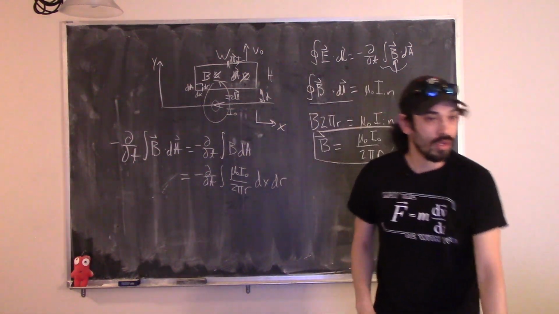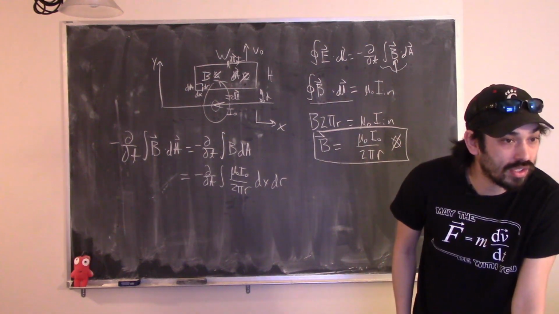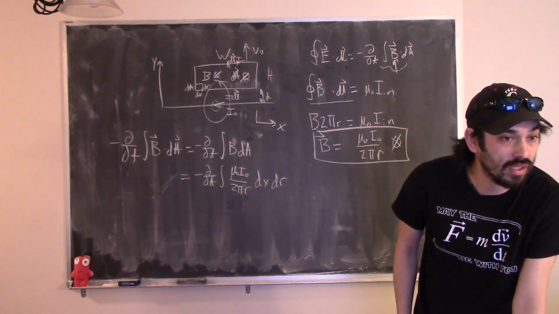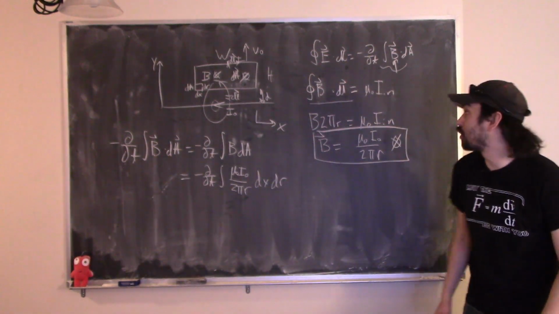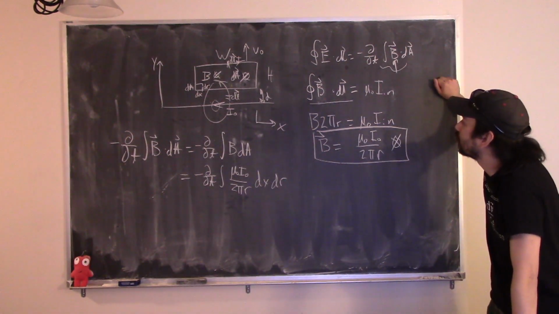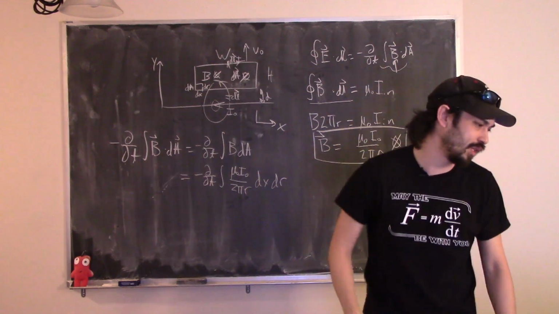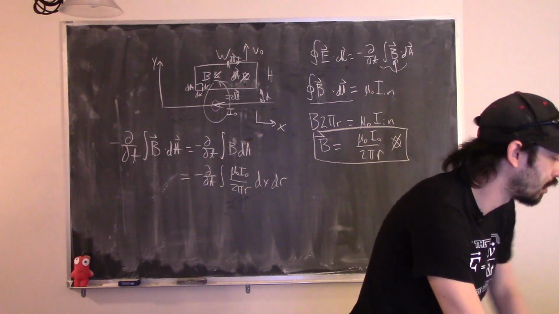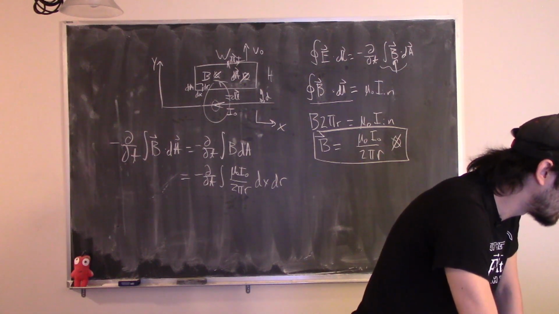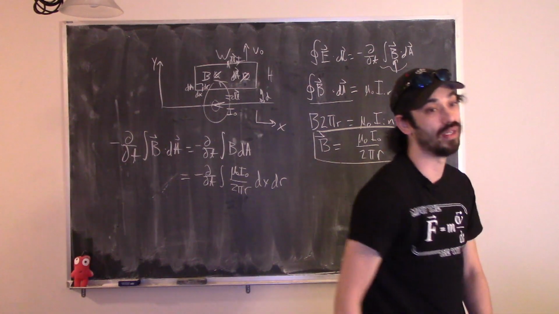Okay. So the magnetic field from the straight wires is B external, and B from the rectangle is B induced. Yeah, that's true. But here, when we're doing this calculation, I don't know if it explicitly says it, and it's unfortunate that it doesn't. It does say it here. Part B says, find the current induced in the loop as a function of time, ignore self-inductance.